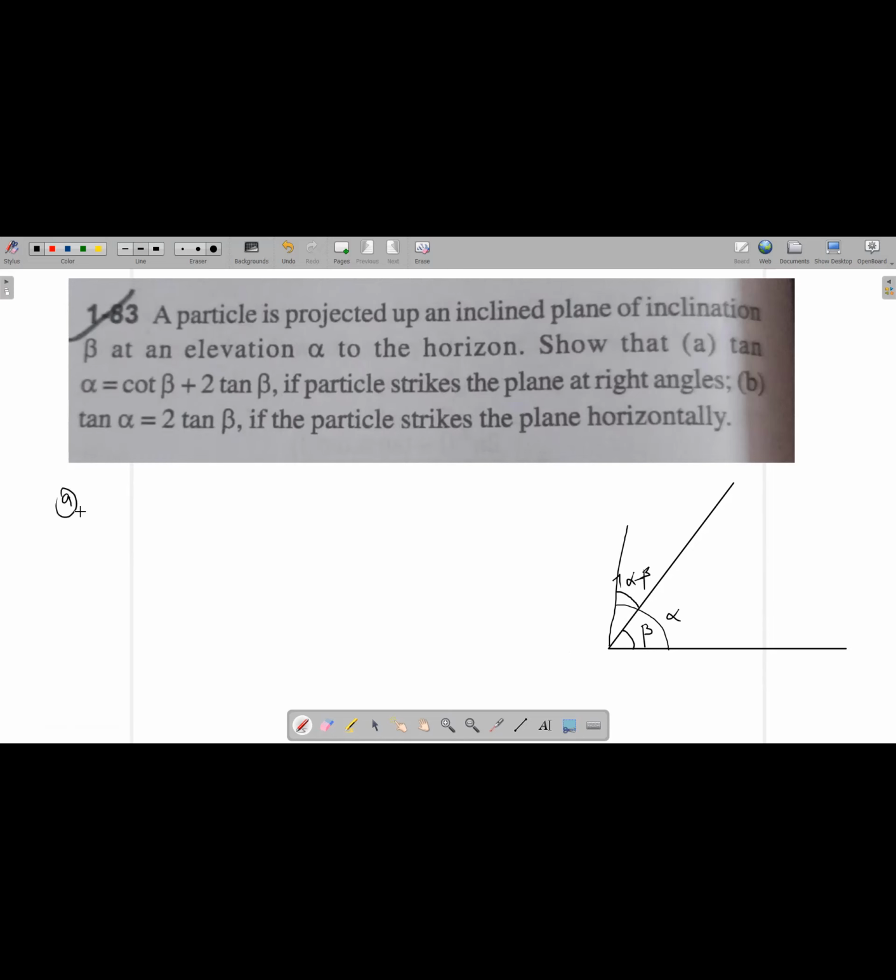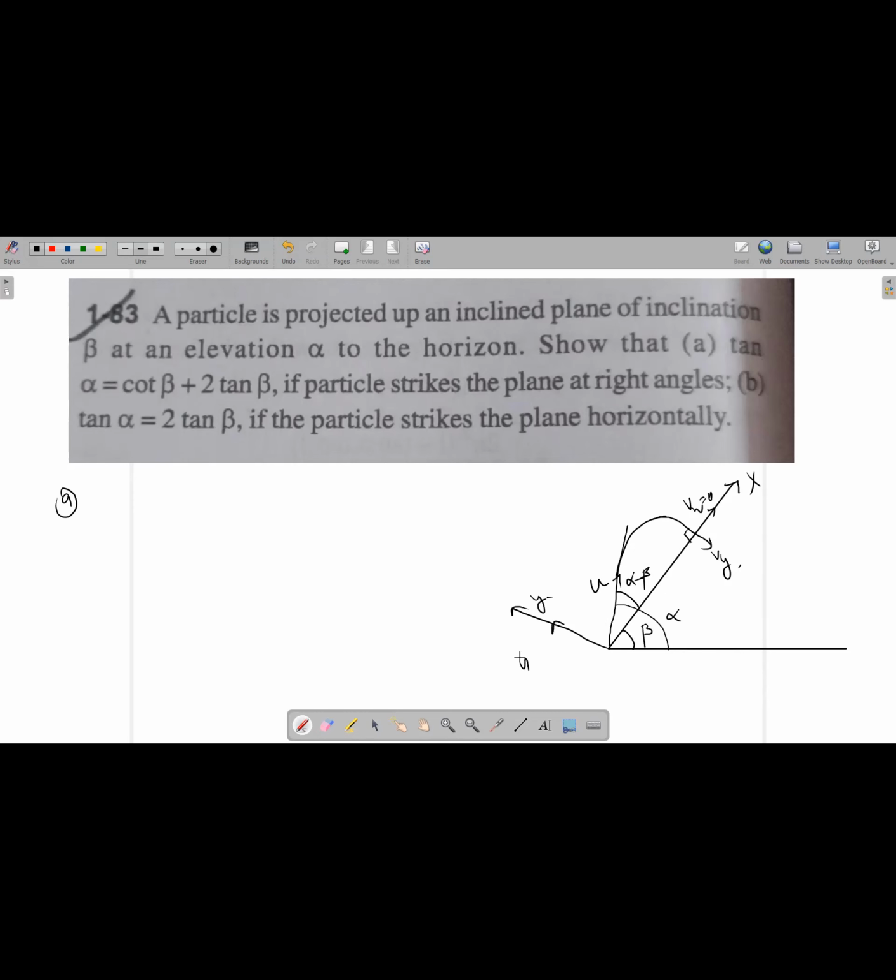So let's prove part A first. If this particle strikes the plane at right angle like this, it means that if you consider this as the x-axis and this as the y-axis, there is no velocity along the x-axis. Whatever velocity there is will be along y only. Let's assume u is the initial velocity.